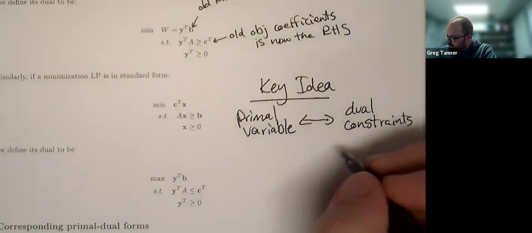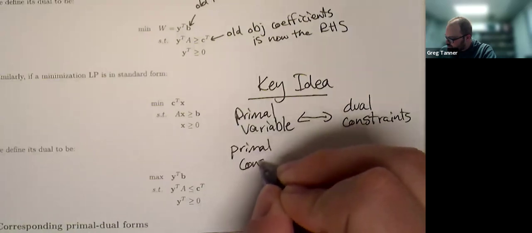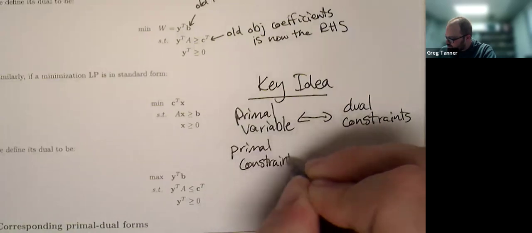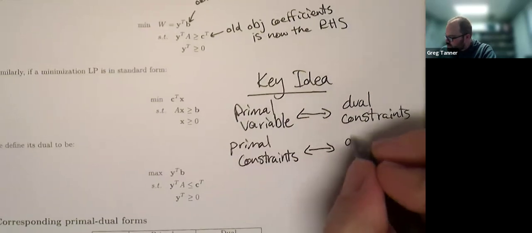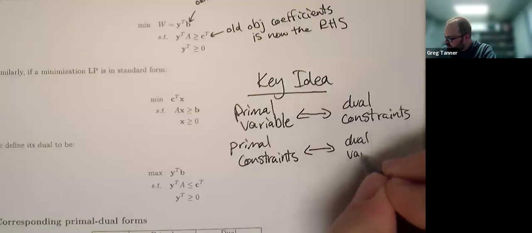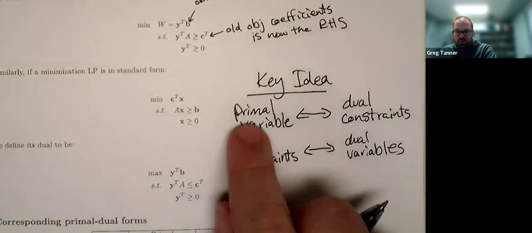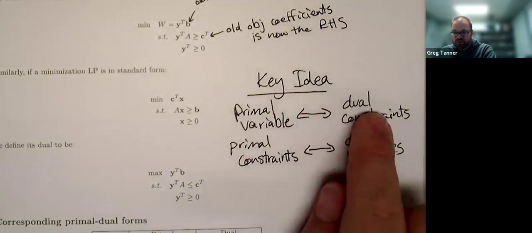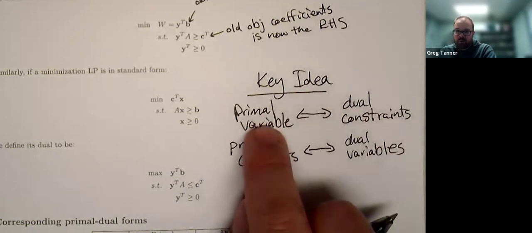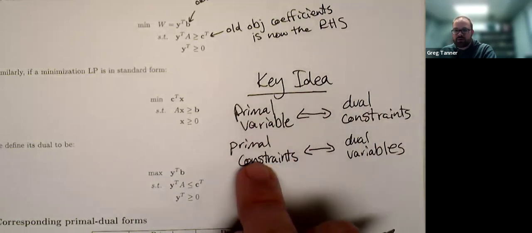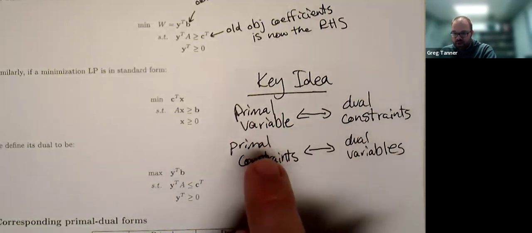And primal constraints have a one-to-one connection with dual variables. Meaning that for each primal variable, there's a corresponding dual constraint, and for each dual constraint, there's a corresponding primal variable. For each primal constraint, there's a corresponding dual variable, and for each dual variable, there's a corresponding primal constraint.